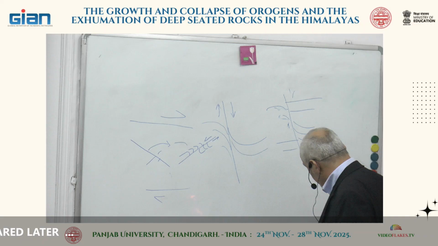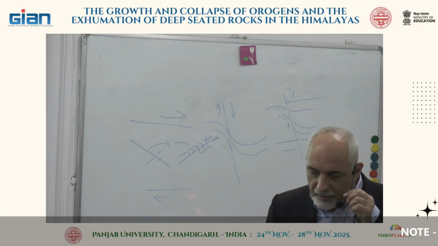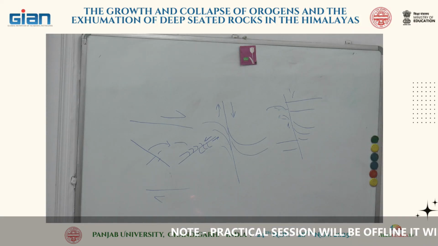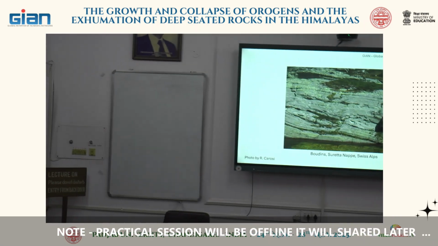There are several kinds of this structure. They're not easy, but can be useful sometimes in the field to detect the sense of shear, because sometimes one cannot explain the difference in displacement and drag of the foliation.